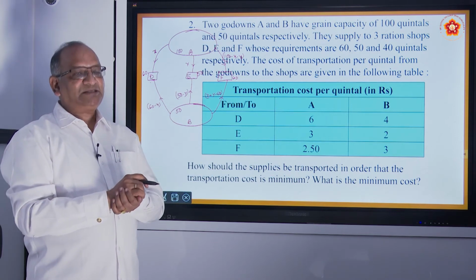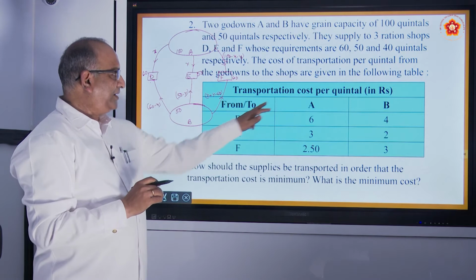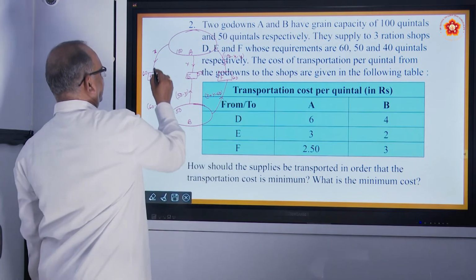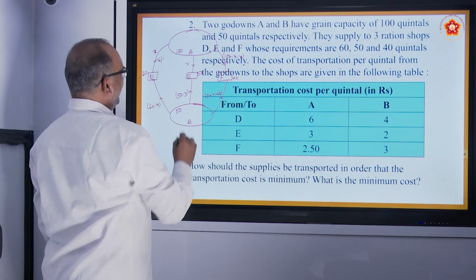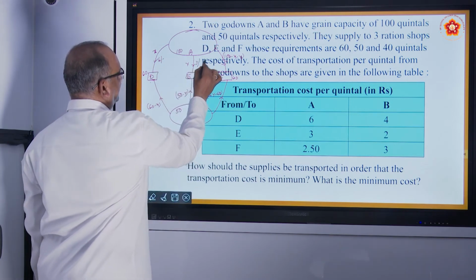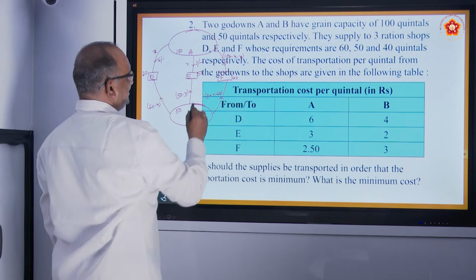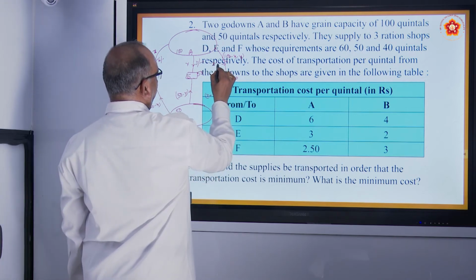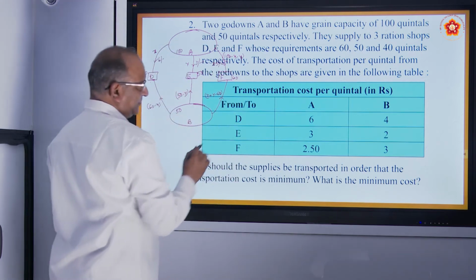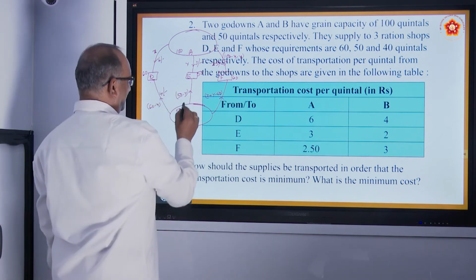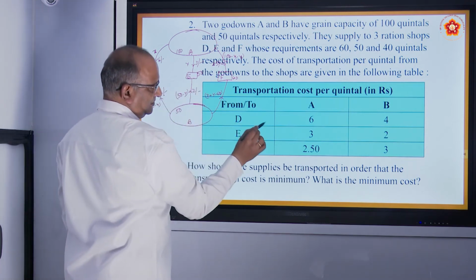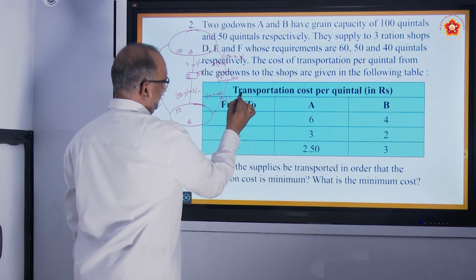Now come to the transportation. From A to D it is 6 rupees. Whereas for A to E it is 3 rupees. And for the last one it is 2.5. Similarly from B it is 4 rupees per quintal, 2 rupees per quintal and 3 rupees per quintal.